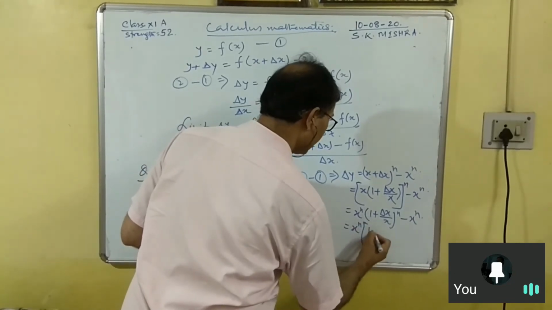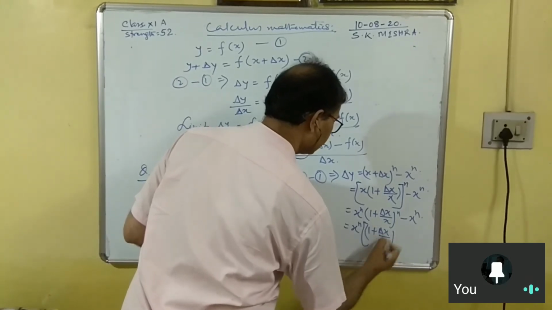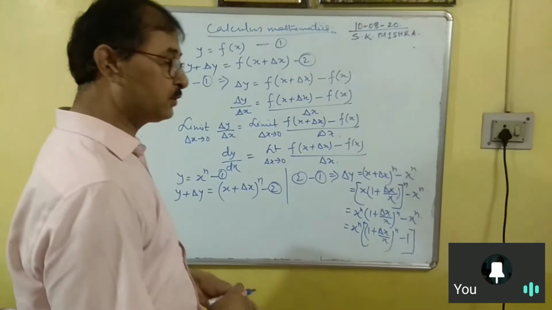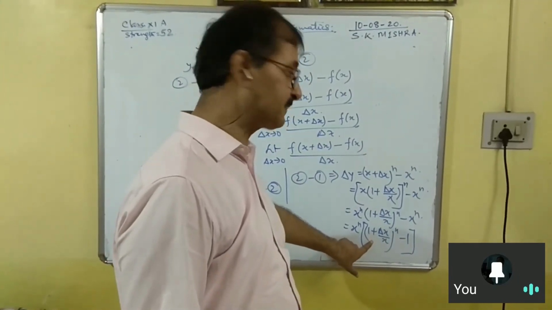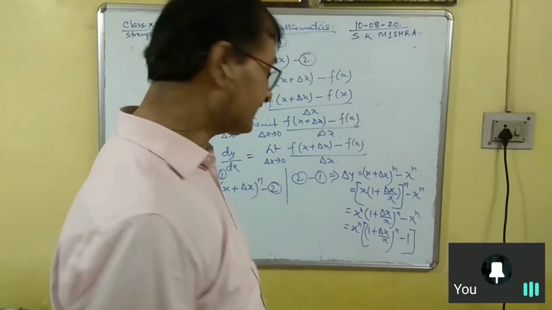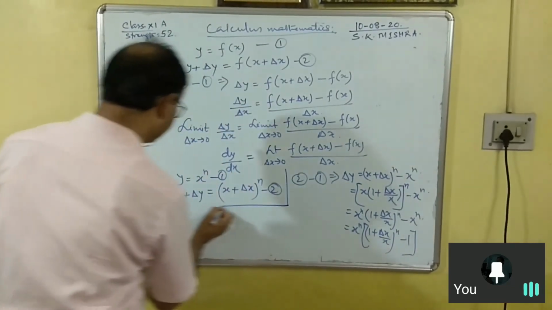So this is 1 plus del x by x raised to n, minus 1. Now remember, I have given you the basic formula for the binomial theorem, binomial expansion: 1 plus x raised to n. So now I am writing the remaining part here.